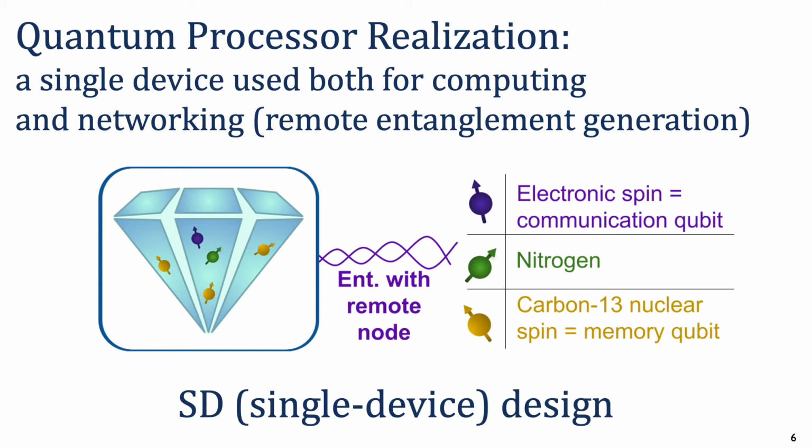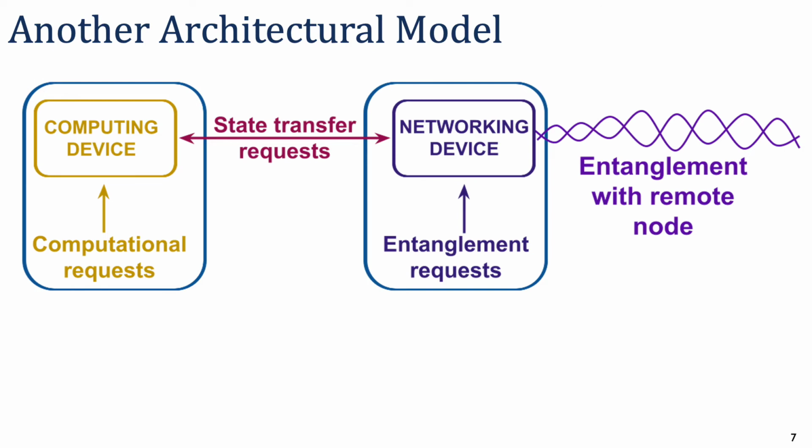Throughout this talk, I'll be referring to this architecture as the single device design, or SD design, and this design is how present-day distributed quantum architectures are currently being implemented. Another possible architectural model may consist of two separate devices. We now have a networking device, which is used solely for remote entanglement generation, and we have a computing device, which only performs computation.